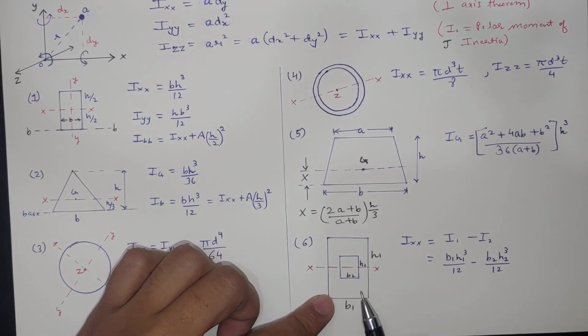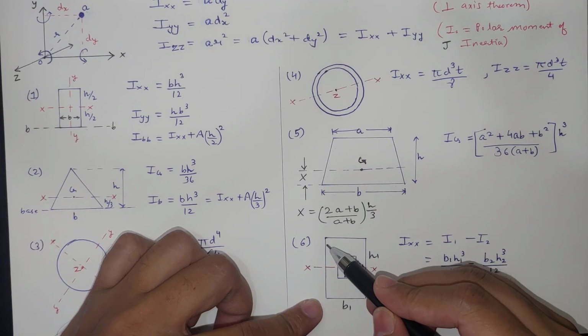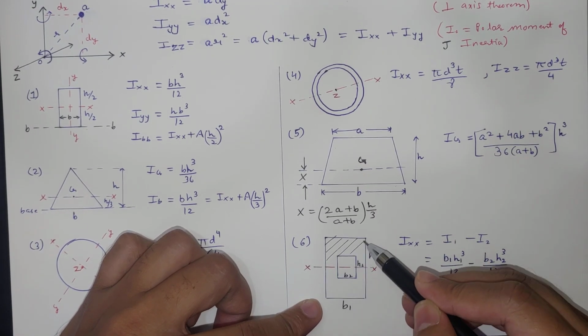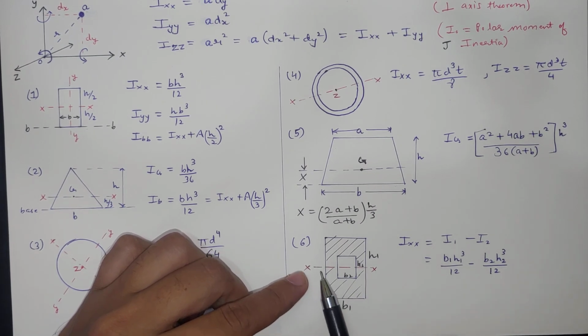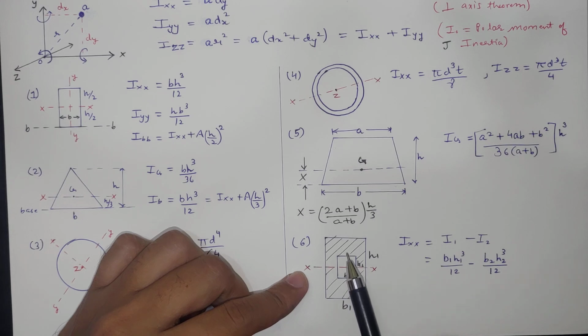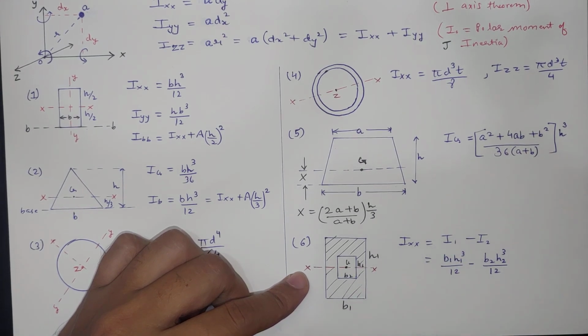This is important. We have a rectangle, and there is a rectangular hole inside it. So this is the only area we are interested in to find the moment of inertia. So Ixx is passing through the center of both these rectangles, and there will be a centroid point here. Now b1 h1 is the base and height of the bigger rectangle, and b2 h2 is the base and height of the smaller rectangle.